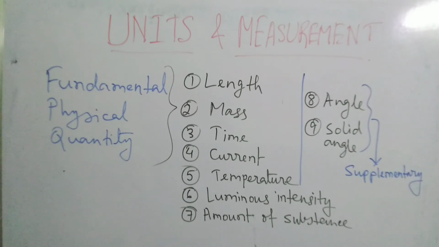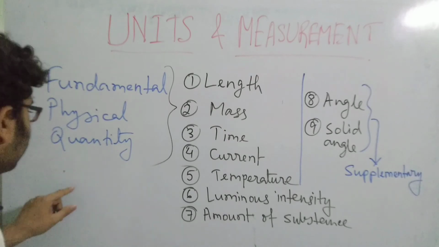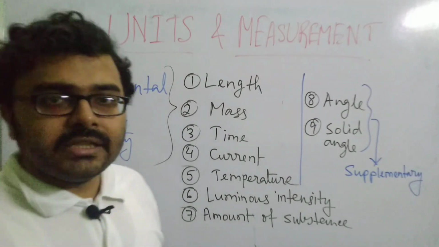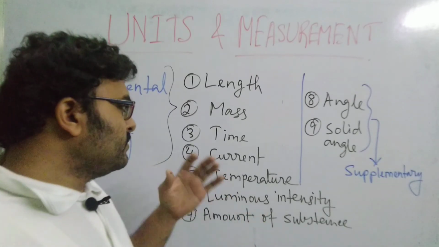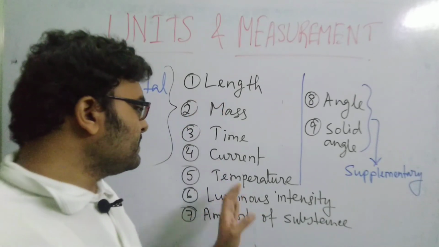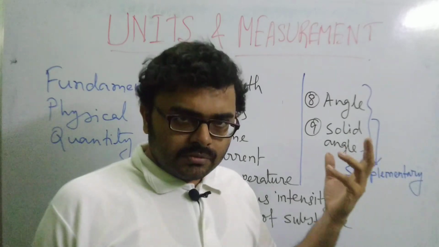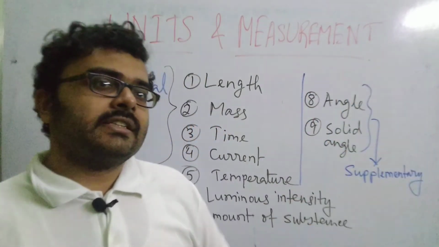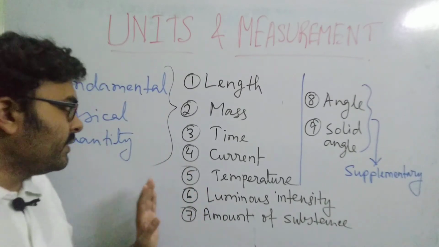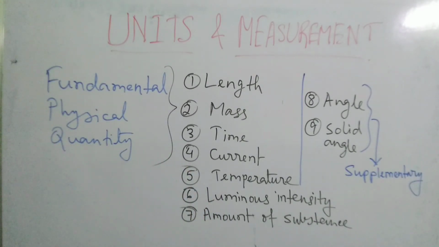Any other physical quantity that you encounter can be regarded as derived, because in some way or the other those derived quantities will depend on these 9 physical quantities to express themselves.